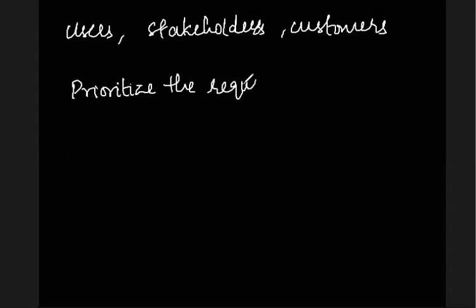Prioritizing the requirements means deciding which ones are important. You're going to label them as 1, 2, 3, 4, and it goes on. The requirement that has the highest priority needs to be present within the software by all means. The ones given the least priority, it is fine if they are present, and it is fine if they are not present also. That is prioritizing the requirements.